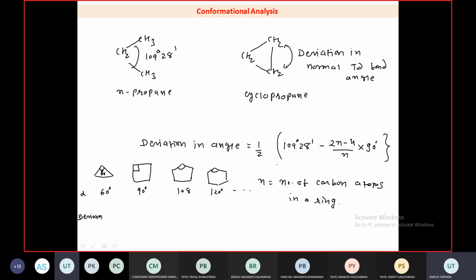Okay, you can do the calculation by yourself. You can also do the calculation for a 4-member ring. For a 4-member ring, you take the number of carbon atoms equal to 4. So 4 into 2 is 8, minus 4.